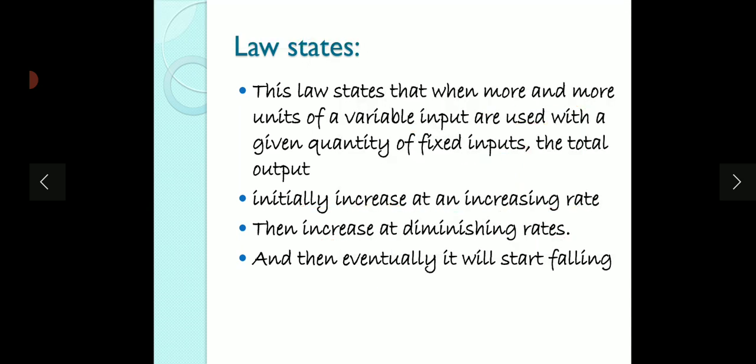And that is why the name that has been given is law of diminishing returns. Remember that law of variable proportion is also called by the name law of diminishing returns. That means my returns are constantly decreasing as we keep on increasing the labor units. So that's the name given.